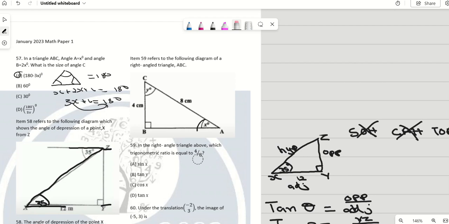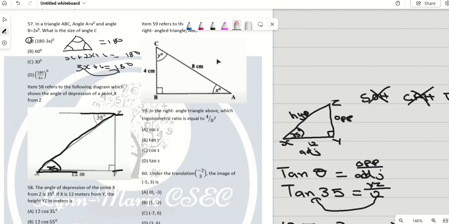But instead of doing all that, I'm trying to figure out, if we're using X, what is this? We know that, first off, we're using 8. So we're going to be using either sine, which is SOH, or cosine, CAH. We're not using tan.